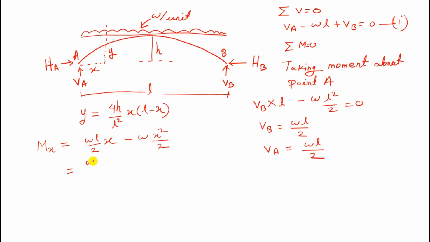So Wx by 2 into L minus x. This is the bending moment.